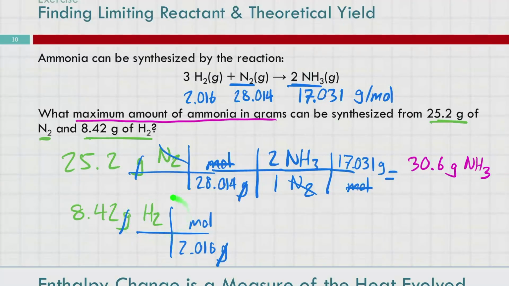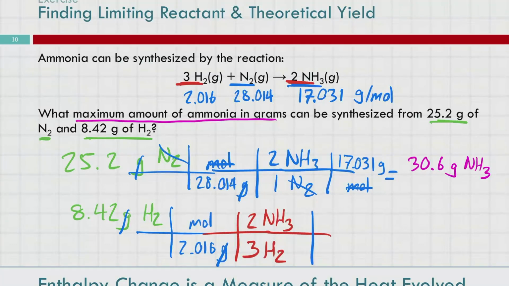For the hydrogen side of things, we converted to moles with our molar mass, and then we need to use our ratio. We get 2 ammonia out for every 3 H2 that we put in. So that'll convert our H2s.